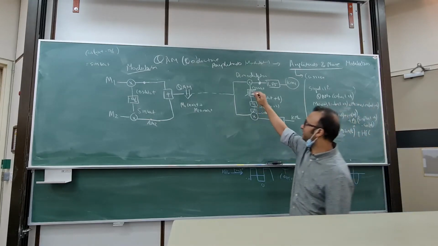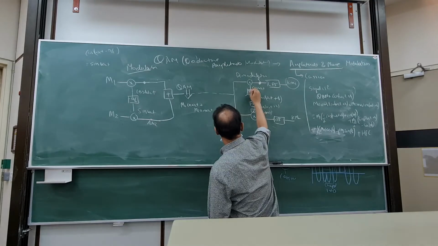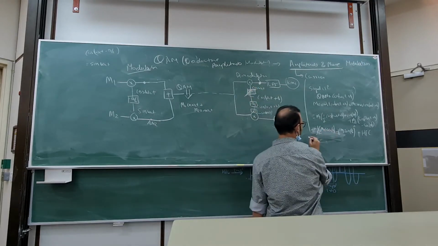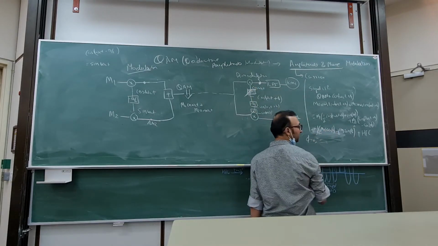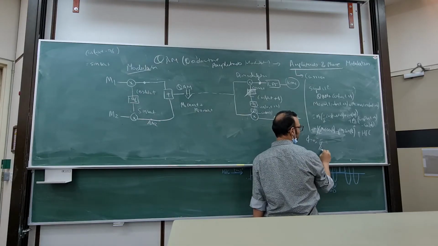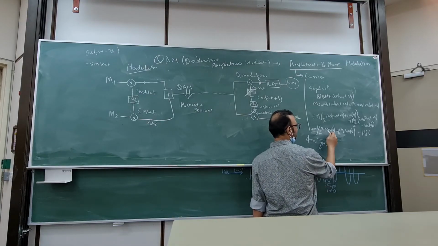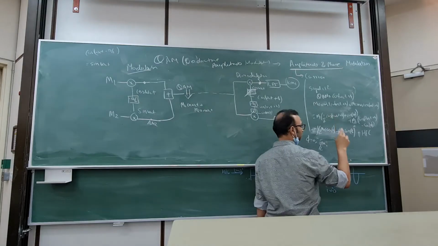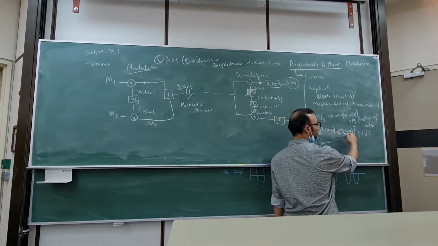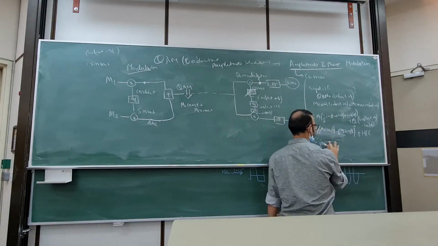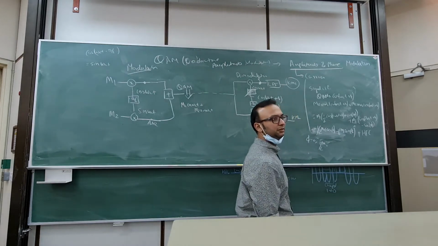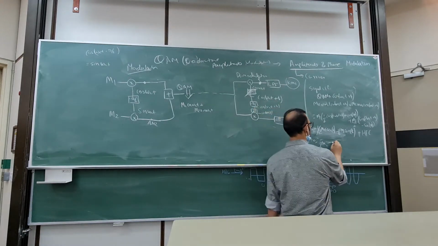So you need a phase shifter here. Because if phi is equal to 0, what happens? It becomes half M1, since cosine of 0 is 1, minus half M2 times sine of 0, which is 0. See? Very simple. Life becomes simple.